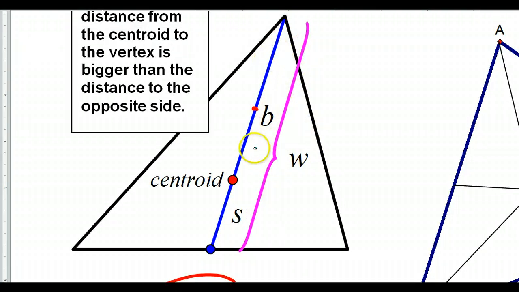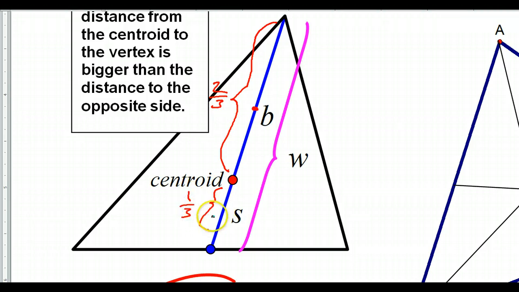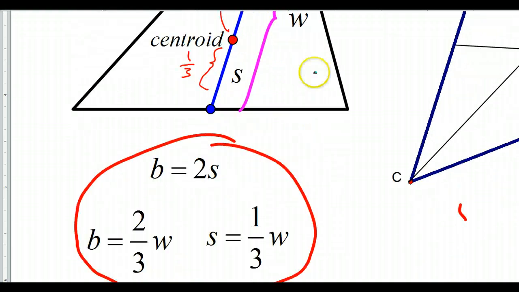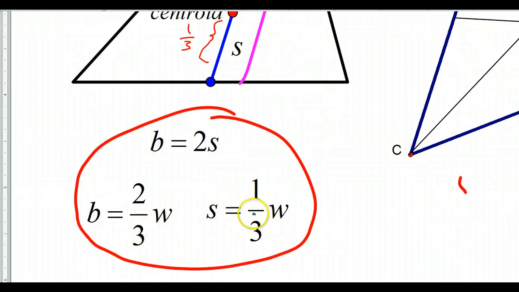The big piece is 2/3 of the whole thing, because here's a third and here's a third. And the small piece is 1/3 of the whole thing. So that's where these other two equations come from.